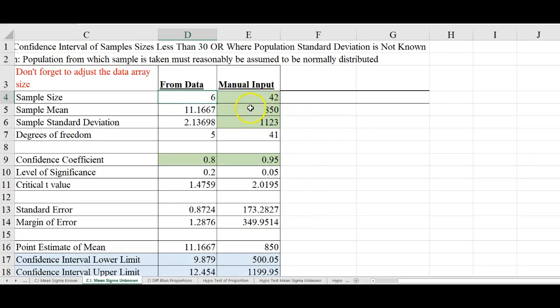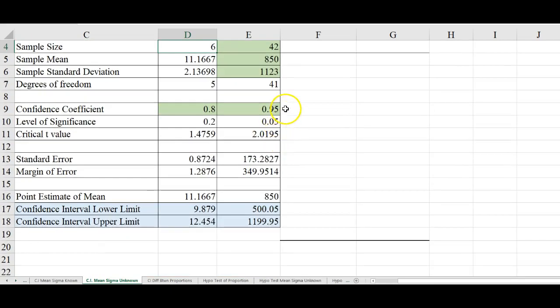Sample size of 42, sample mean of 850, sample standard deviation of 1123. Of course, you could do this manually if you want.